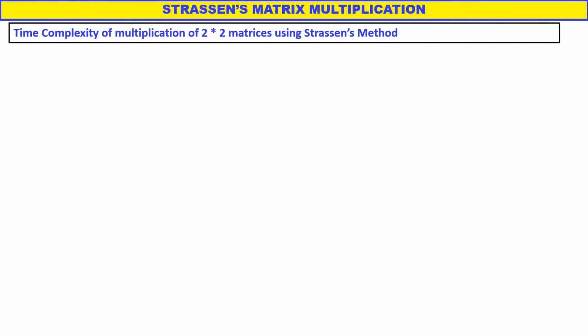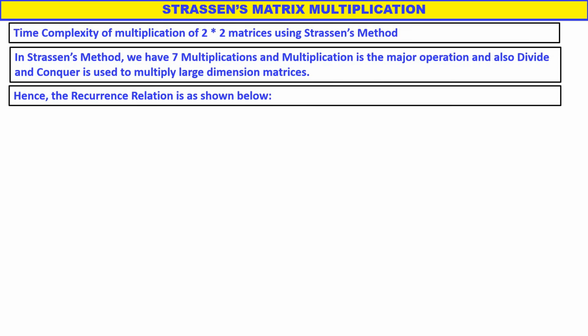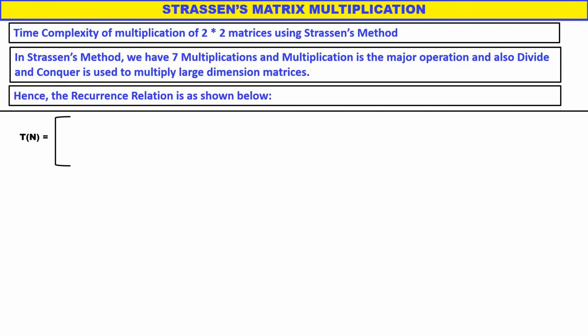Now let us see the time complexity using Strassen's method. Time complexity of multiplication of 2 cross 2 matrices using Strassen's method. In Strassen's method, we have 7 multiplications, and multiplication is the major operation. And also divide and conquer is used to multiply large dimension matrices. Recurrence relation we will write down. Same thing, 1 if n is equal to 1, otherwise 7 into t of n by 2, because 7 multiplications, and same divide and conquer we are applying.